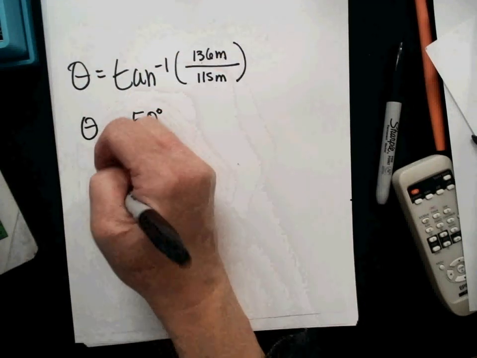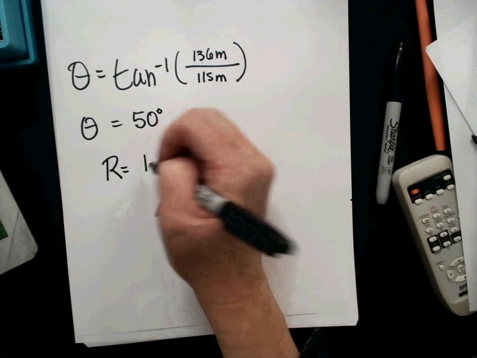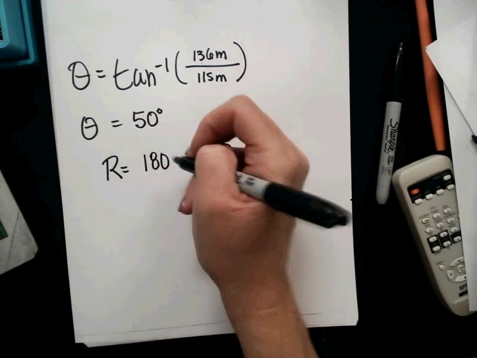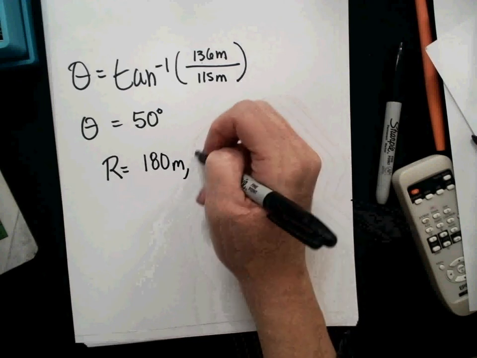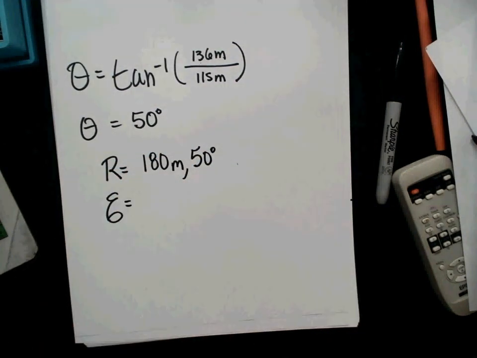I apologize. Okay, so then when we did that, theta equaled 50 degrees. So I would write R equals 180 meters, 50 degrees. Now tell me what the equilibrium is. See if you can do that.